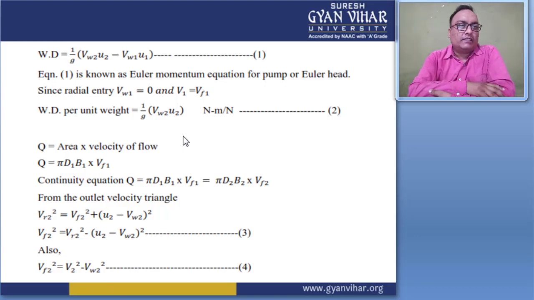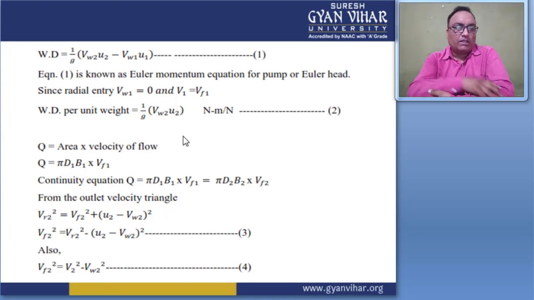Since radial entry gives Vw1 equal to 0 and V1 equal to Vf1, the work done per unit weight is equal to 1 by g Vw2 into U2 Newton meter per Newton. This is equation number 2. Then Q equals area into velocity of flow, Q equal to pi D1 b1 into Vf1, and by the continuity equation this is equal to pi D2 b2 into Vf2.